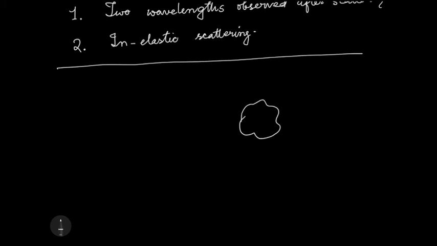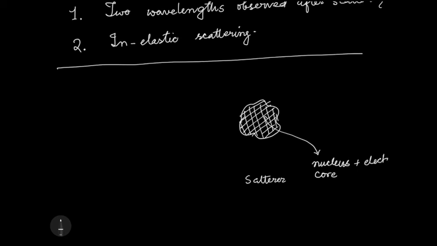He said that I have this scatterer. This is graphite. The graphite has this nucleus core. See, when Compton is explaining, Bohr's theory has already come. When I say nucleus core, it's not only the nucleus, so let me write nucleus plus electrons core.